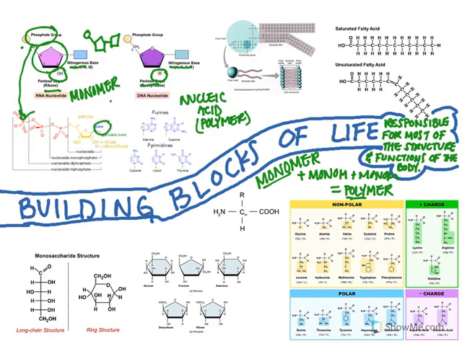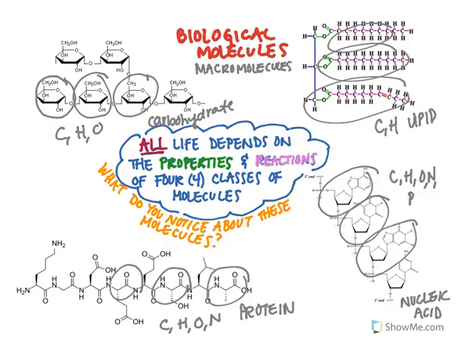There's 4 different bases, well, actually 5 if we're in RNA. But these should look familiar: A, C, G, T, and U. Those are the bases. So that's the 3 parts of a nucleotide. And then the nucleotide bonds together over and over again, and you get DNA or RNA.